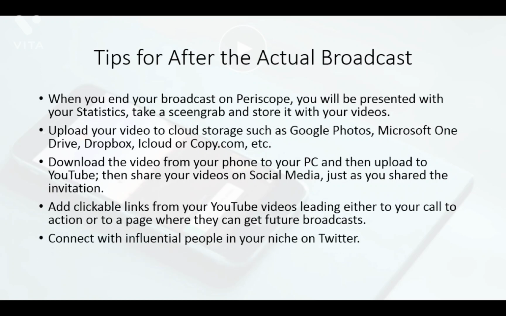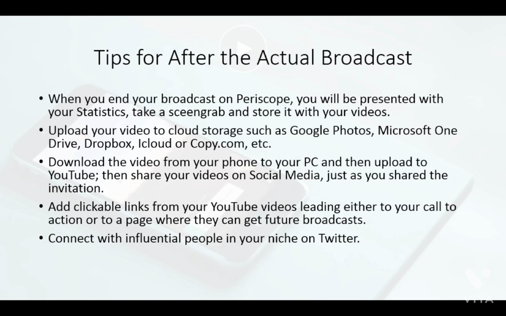Once the broadcast is over, one of the things that will influence the next broadcast and will influence how many people you're actually going to be able to have come to your broadcast accidentally, or come to your broadcast and connect with you, is going to be the people that you connect with. And you can do that in the same way that you did when you were maybe trying to build your following on Twitter. What you want to do is connect with influential people in the niche on Twitter.